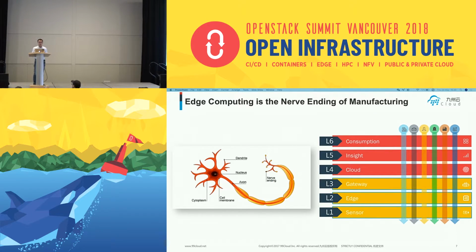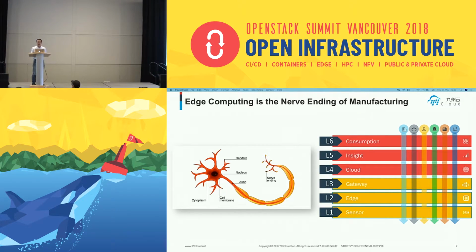Why? We believe edge computing can act as the nerve ending of manufacturing. The nerve ending can act as an intelligent agent in the layer above the sensor. If there is only a sensor, the sensor can just collect the data but does not take actions. With edge computing, we can collect all the data and do real-time analysis when we have the data.